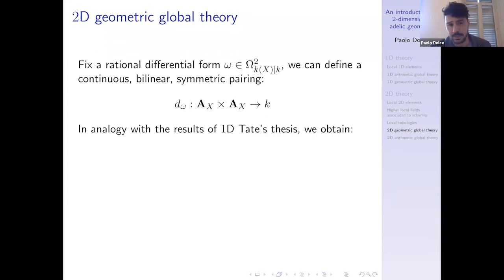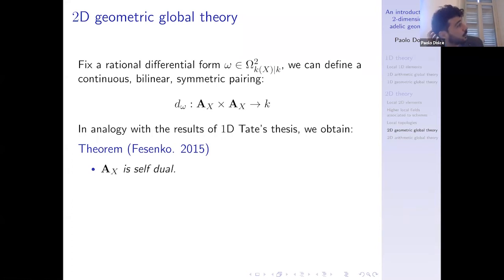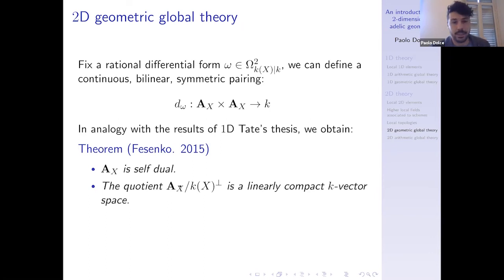And so you have this pairing, and in analogy with what you get in the thesis, we obtain the following theorem, which is due to Fesenko's paper of 2015, that A of X is self-dual in the theory of vector spaces. So again, I'm considering A of X as a vector space over K. The quotient with this, so this is the orthogonal complement with respect to this pairing. So it's the orthogonal complement of the function field. This is linearly compact. Notice that in the case of curves, this orthogonal complement corresponds to the function field.